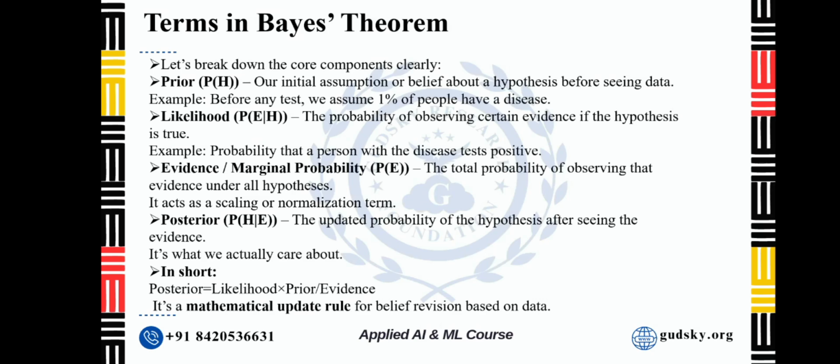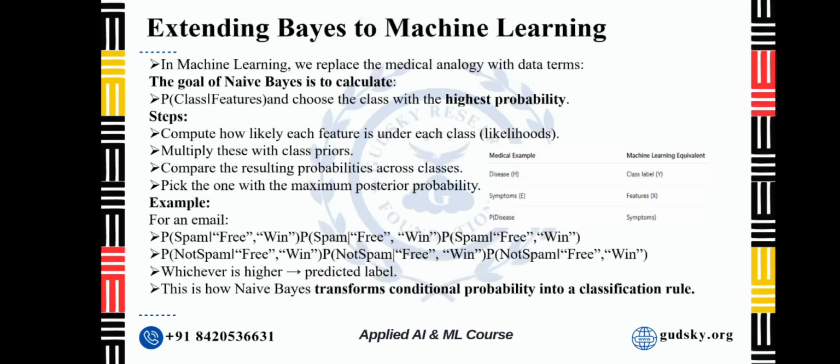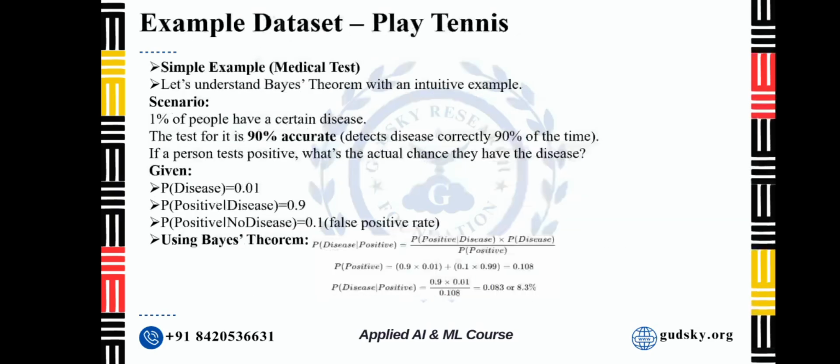When new traffic information comes in, it keeps updating its belief about the best path. Okay, and if we take an example data set, playing tennis, let's understand Bayes theorem with an intuitive example.